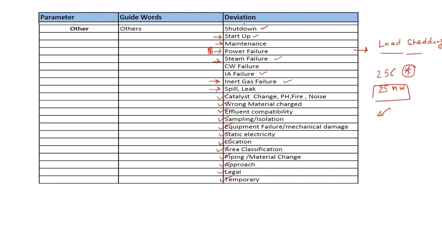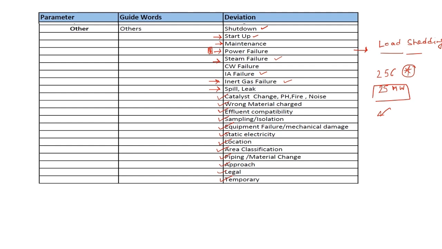All these other guide words are not very frequently used, but there are situations where you need to use these guide words to know all the hazards and risks that you are exposed to, right?